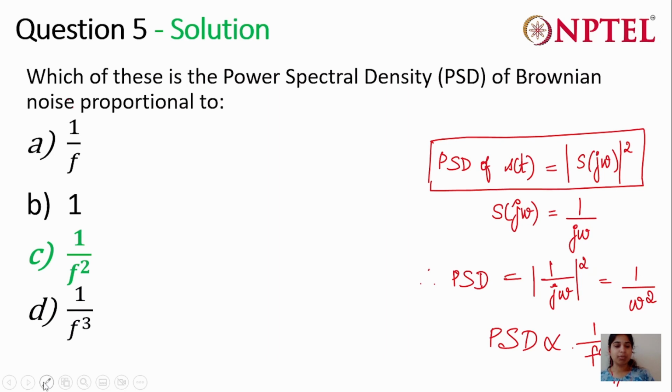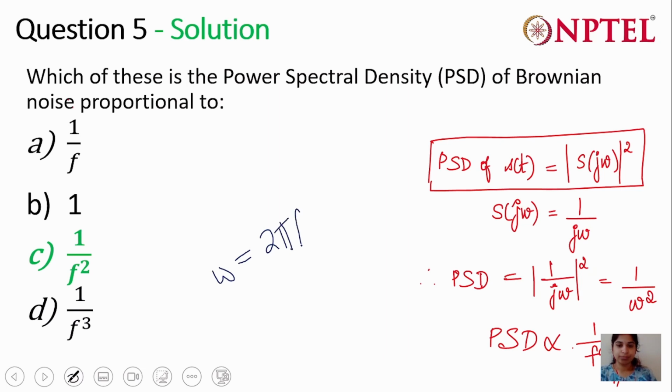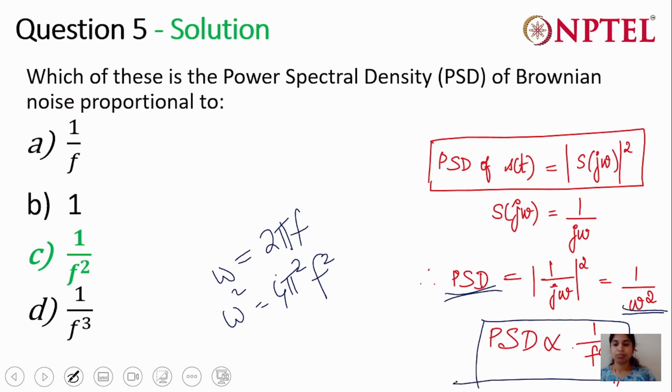Now, what is omega? Omega is 2 pi f. Omega square will be 4 pi square f square. So if the power spectral density is equal to 1 by omega square, what can it be proportional to? 1 by f square.